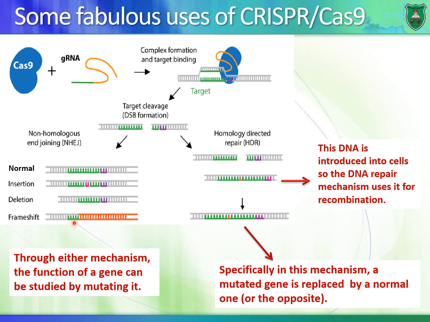And that eventually leads to frame shift mutation if we're talking about a gene that is mutated. Now, if you have activation of the homology directed or the homology repair system, you can introduce a new piece of DNA, you can correct a mutation, or you can introduce a mutated piece of DNA. Okay?